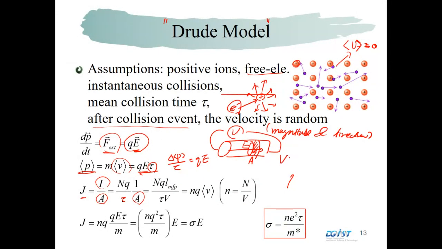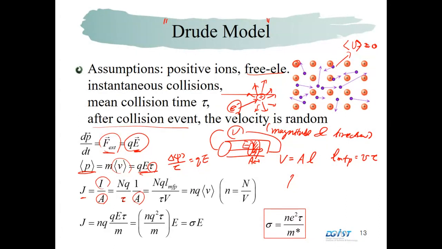V is A times L, where L is the mean free path, which corresponds to the distance between collisions. So this L, the mean free path, should be v tau.